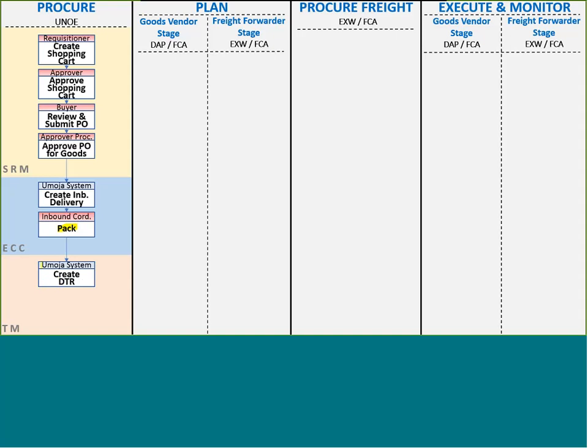The Umoja system will create what we call the DTR document, the delivery-based transportation requirement, and will also create another type of document called the freight unit. These two documents, the DTR and the freight units, are automatically created by the system once we have a PO fully approved in SRM. Okay.